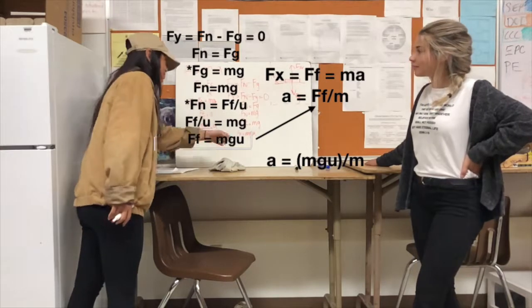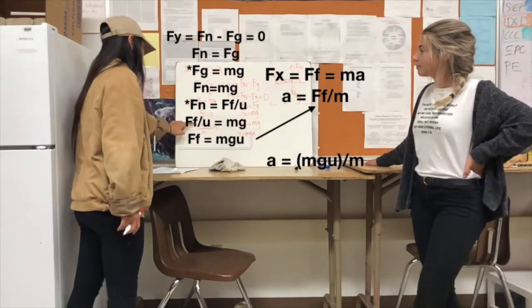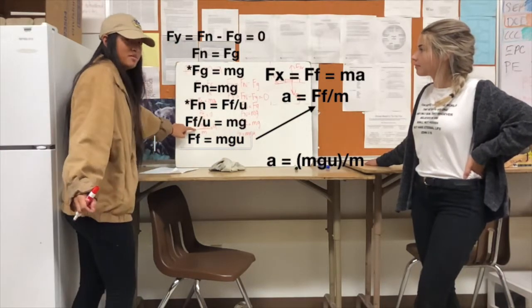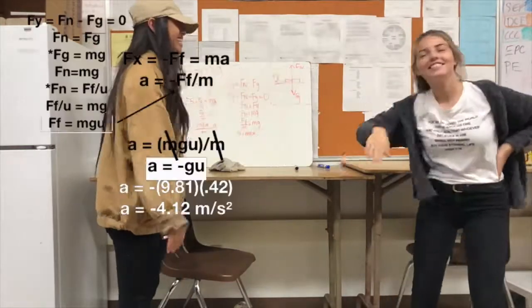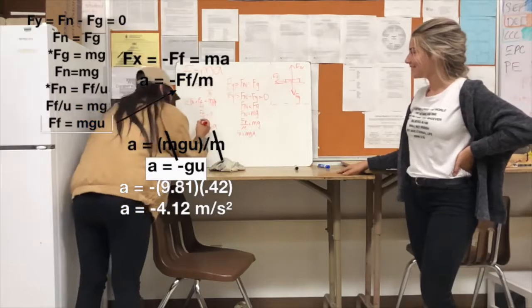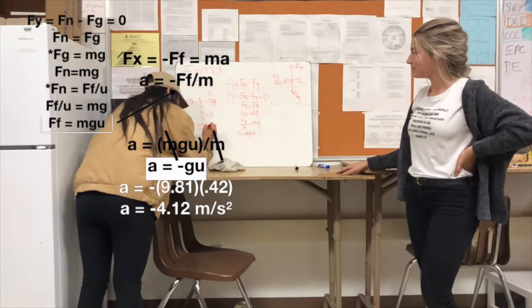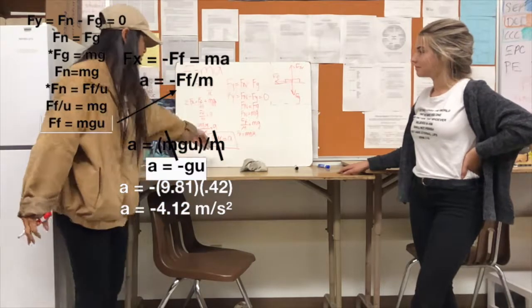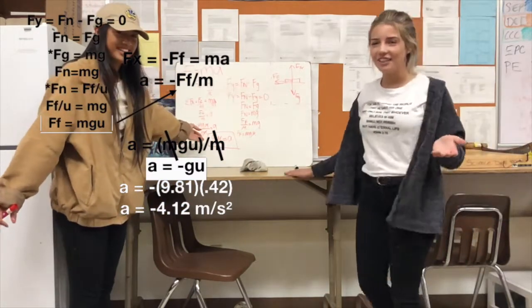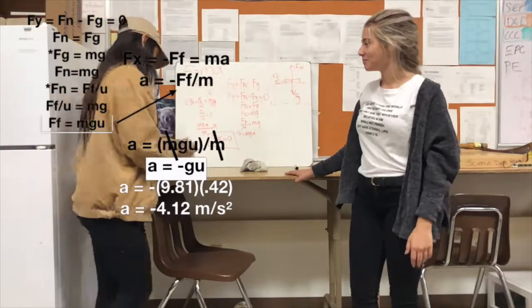Once we plug in the equation here into here, we see that everybody brought mass to the party. Everybody brought mass. Okay, so we can cancel these out. And then we found our answer. Wow, good job, Jasmine. You can take a seat now.